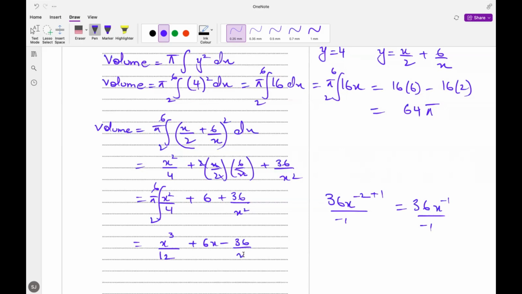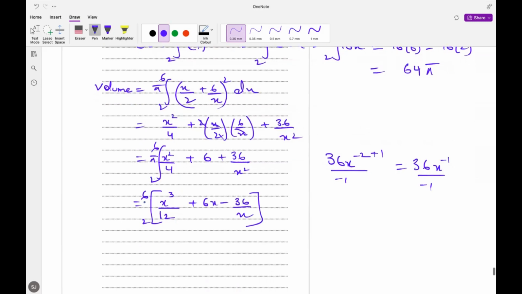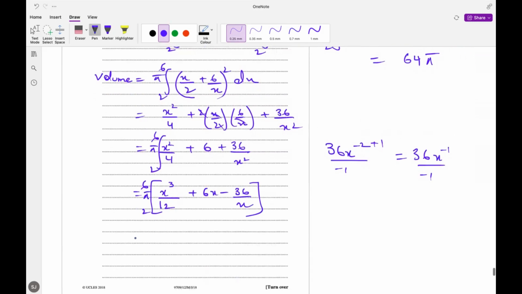Now applying the limits 6 and 2 and subtracting, we'll keep the pi as common outside. First, we'll apply the upper limit, which is 6 cubed upon 12 plus 6 times 6 minus 36 upon 6. And then we'll apply the lower limit, which is 2.